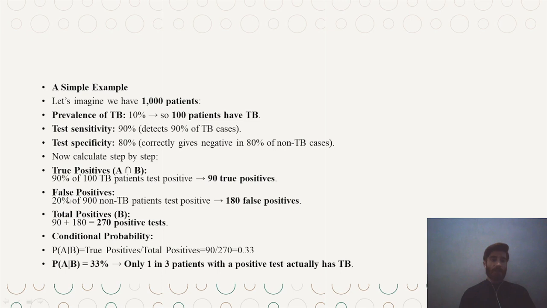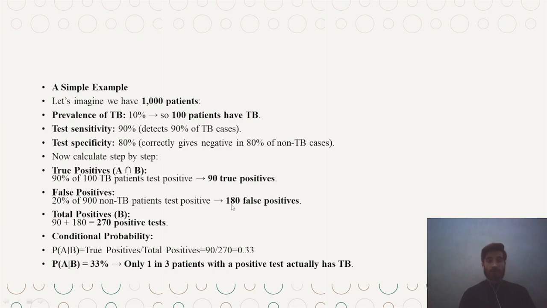Now coming to false positive. There are 900 non-TB patients: 100 are TB patients and 900 are non-TB patients. So what will be the false positive? Here 80% is specificity, which means it will correctly give negative results 80% of the time. So 20% it will give false positive. It will be positive, but they will not be TB patients.